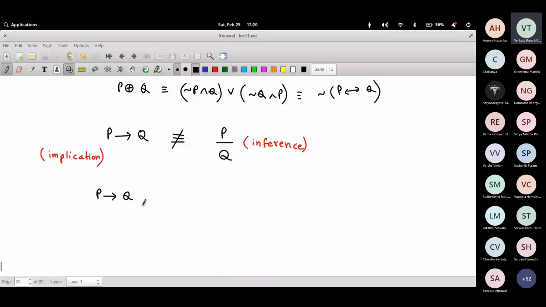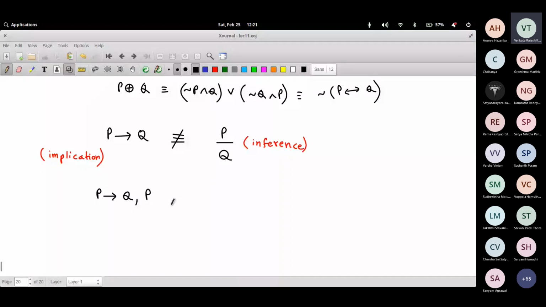There may be smoke now in front of me, or there may not be smoke. But if there is actually smoke in front of me, then using these 2 statements, that if there is smoke, there is fire, and right now in front of me there is smoke, hence I will conclude that there is fire. All right. So P implies Q is occurring, and P is also occurring separately. Both are separate events.